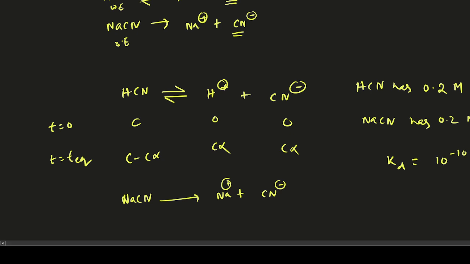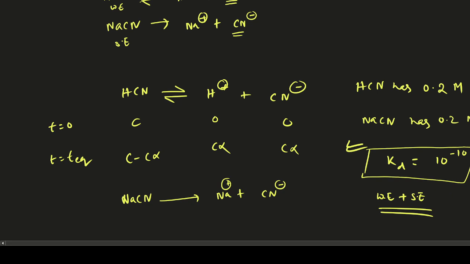Because whenever we have a weak electrolyte and you add a strong electrolyte to it, the dissociation constant decreases. That's why I wrote 10 raised to minus 10. This is a very low value. This value comes when a weak electrolyte is added with a strong electrolyte. If you do not add the strong electrolyte, then how much the Kd value decreases, we will look at that.